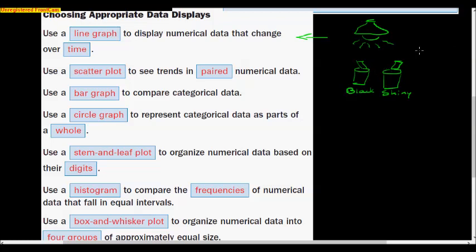That would be time versus temperature. Alright, so that would be two numerical sets of data, and one's over time, so we use line graphs in earth science quite a bit.